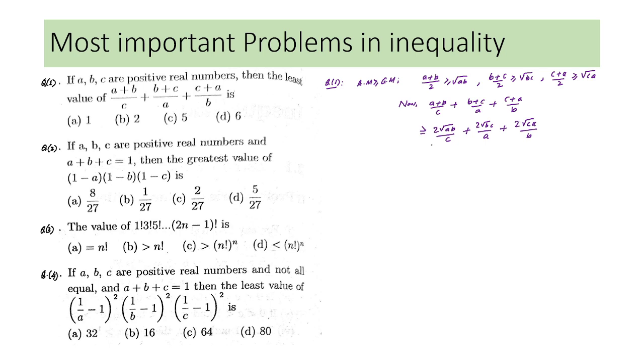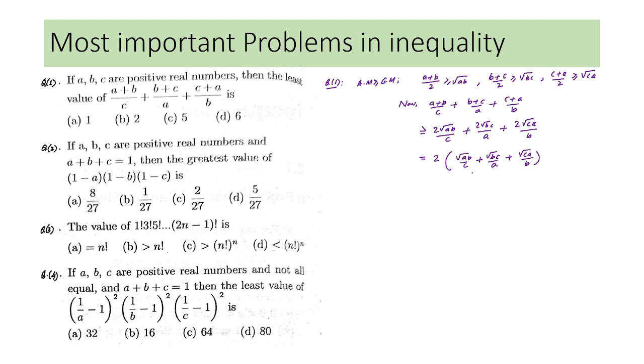So from that we can write this as 2 times (root AB by C plus root BC by A plus root CA by B).